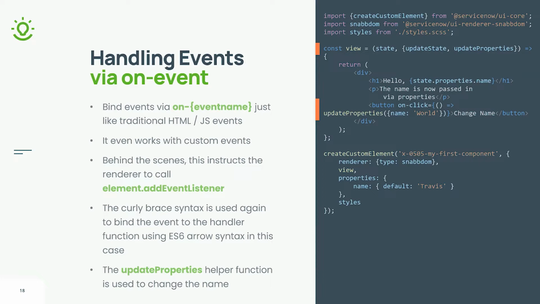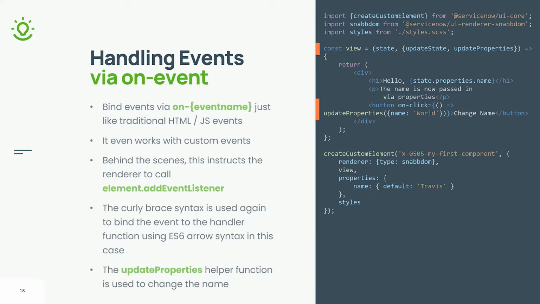And what's really powerful about this is that it even works with custom events. So if you define custom JavaScript events, you can just use on whatever event name you created, and it still works.